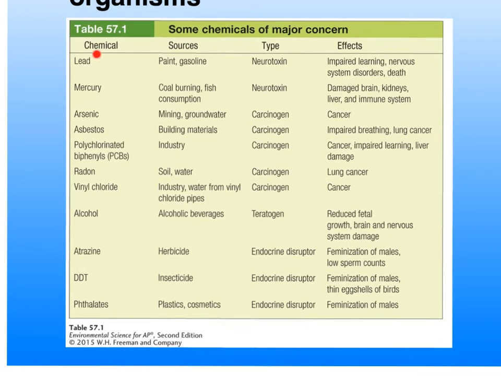So you should already be very familiar with lead, mercury, arsenic, asbestos, radon, atrazine, DDT, phthalates, right? We learned about phthalates in Bagot, right? So make sure you know about phthalates. Okay, endocrine disruptor, feminization of males.